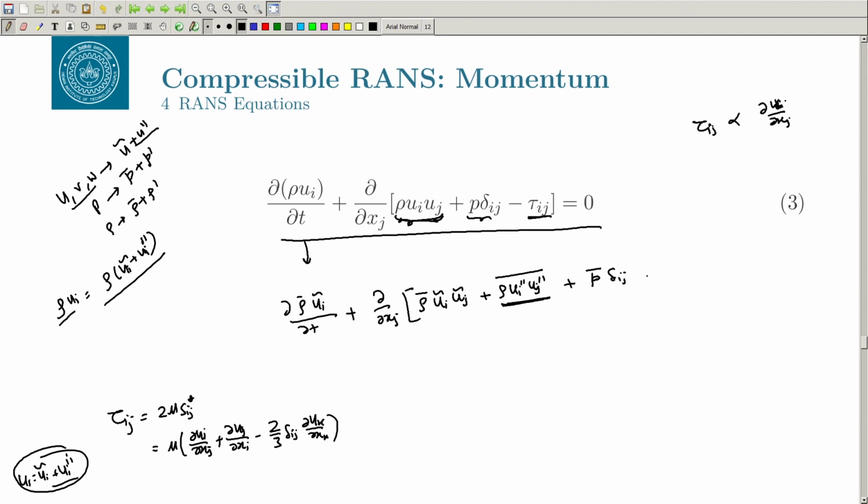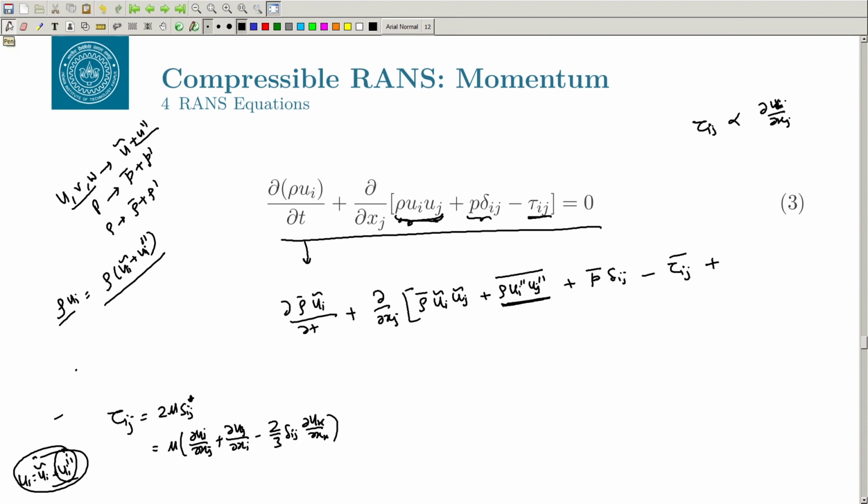You can write it as minus tau_ij bar, and there is another term which comes because we are taking this u_i double bar average.